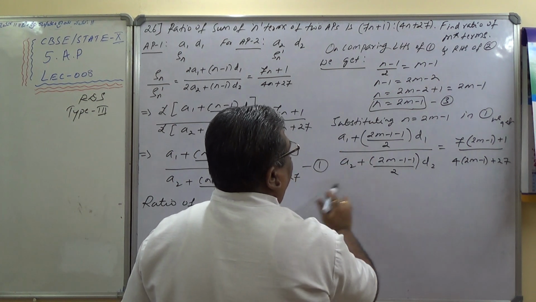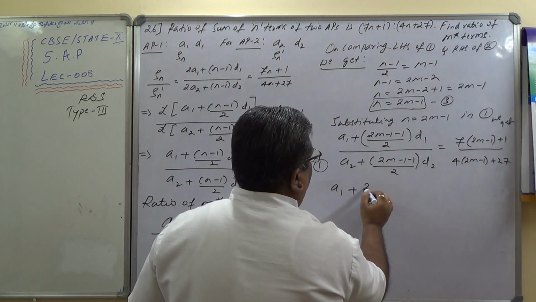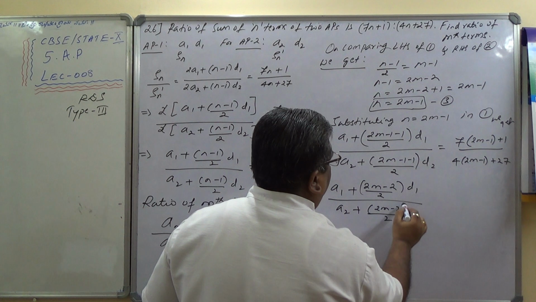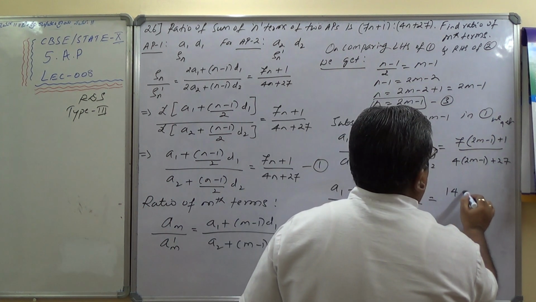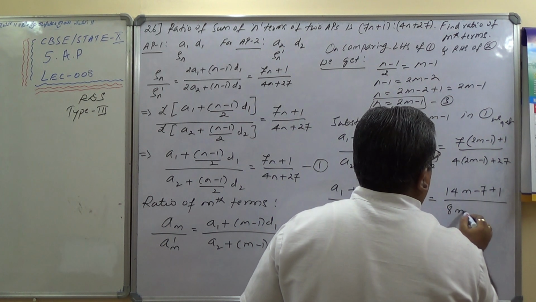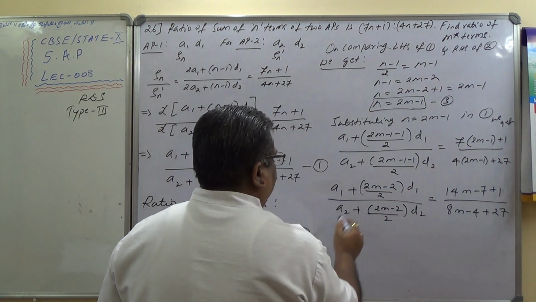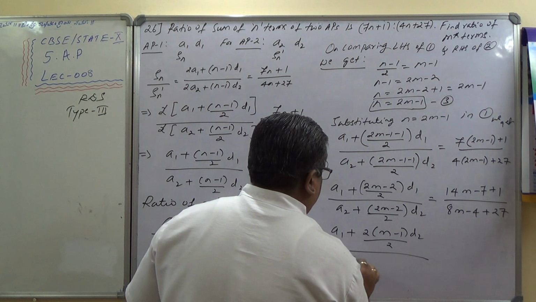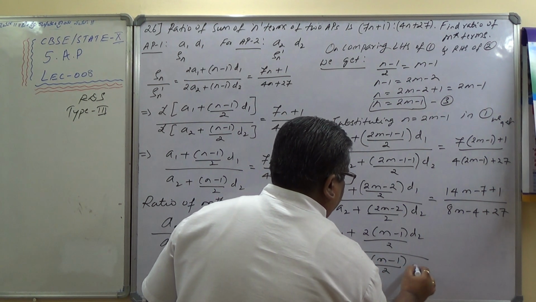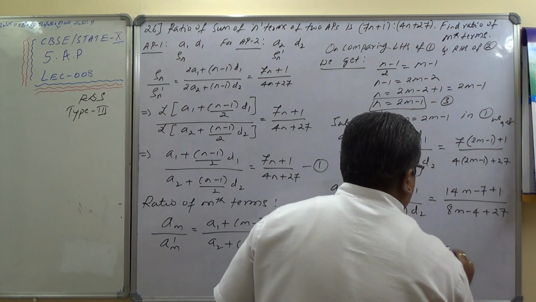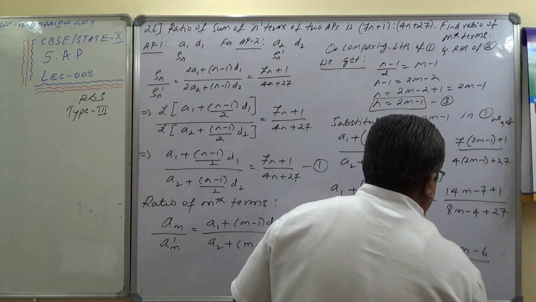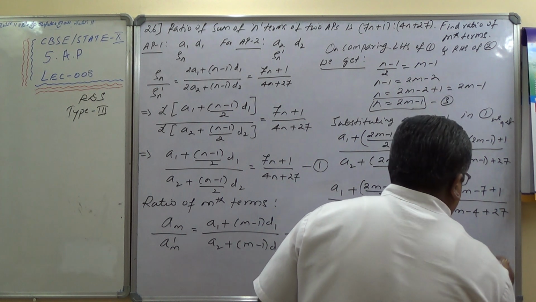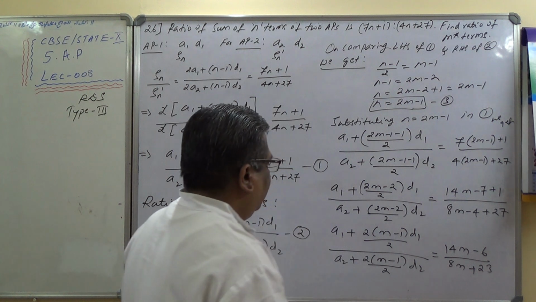Now a1 plus 2m minus 2 divided by 2 d1 ... plus 27. Then 27 minus 4, 23.